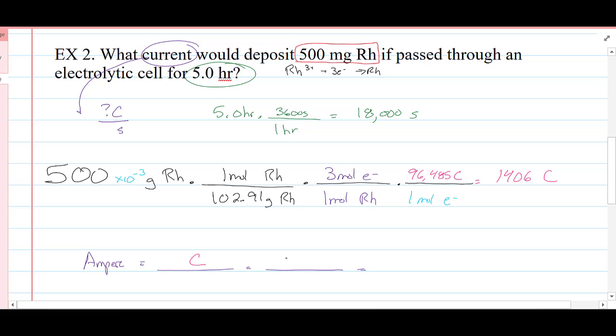My coulombs will be 1406 coulombs and the seconds would be 18,000 seconds. So my amps is 0.078 amps. So that's Faraday's law. The only thing we really have to remember is amps are coulombs per second, and then the conversions are pretty straightforward.